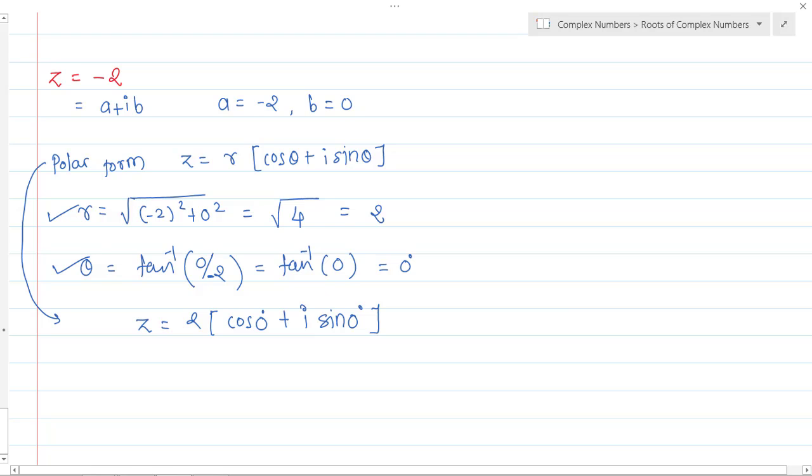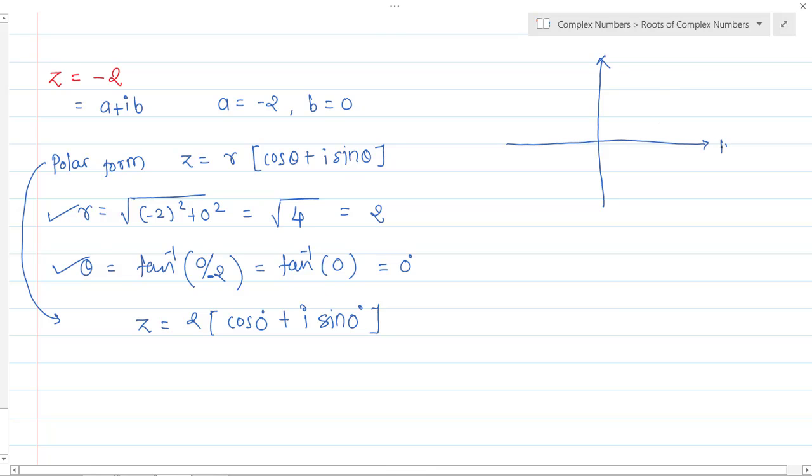Do you know in which quadrants which trigonometric functions are positive or negative? Sir, how is there a negative sign? See, what is the real part here? It's -2. If I place this complex number in an Argand plane or the complex plane, where will you find this point?